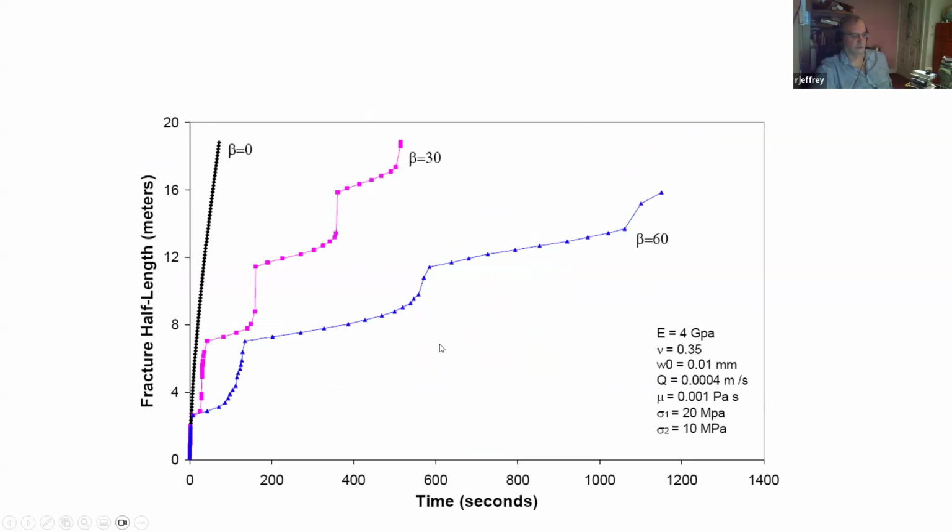And here's a graph showing that effect. So this is the fracture half length versus time for a case where beta was 60 degrees, which is the angle of the offset. And you can see the retarded growth as a function of beta, 60 degrees here, 30 degrees here, and 0 degrees here. So this is a straight fracture.